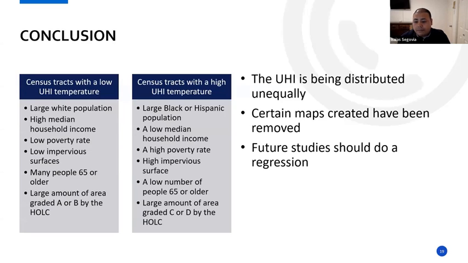In conclusion, the UHI is being distributed unequally within different communities.